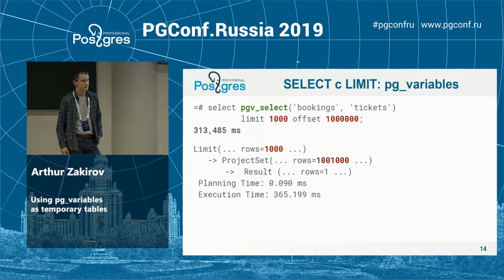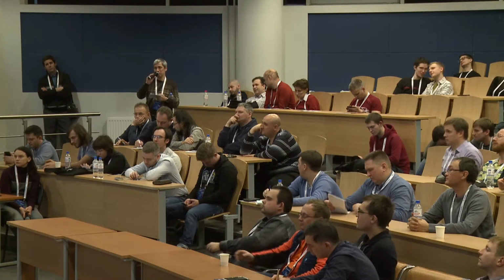But the data can be different every time. Well, if you use Postgres, the data can differ, but in PG variables, the data will not be different. They will be determined, yes.